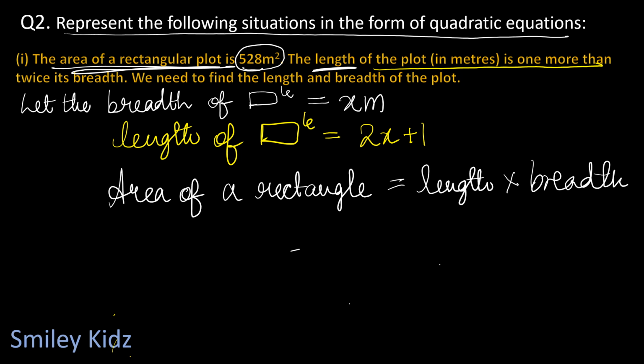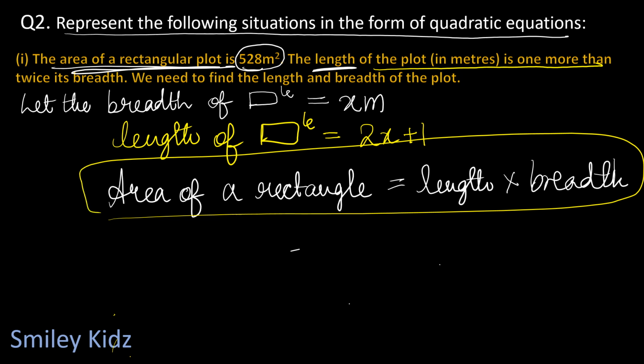And we are well aware of the length, breadth and the area of the rectangle. So just substitute in this particular equation. So you get area of rectangle is what? 528 is equal to, what is the length? Length is 2x plus 1 multiplied with the breadth, which is x, isn't it?